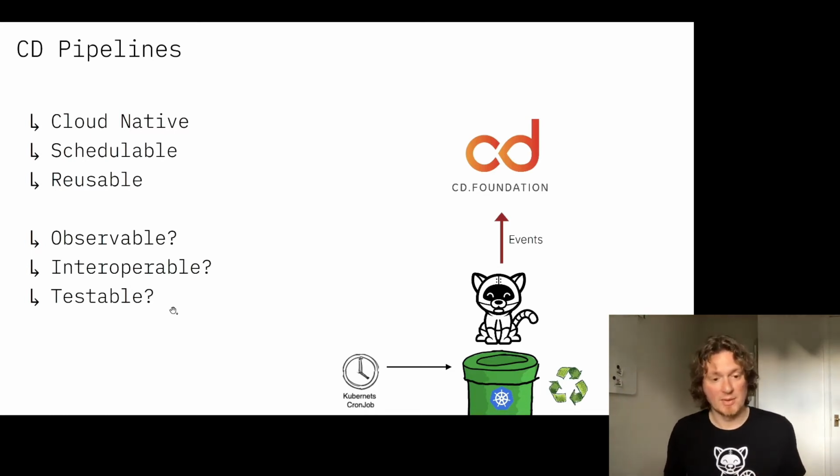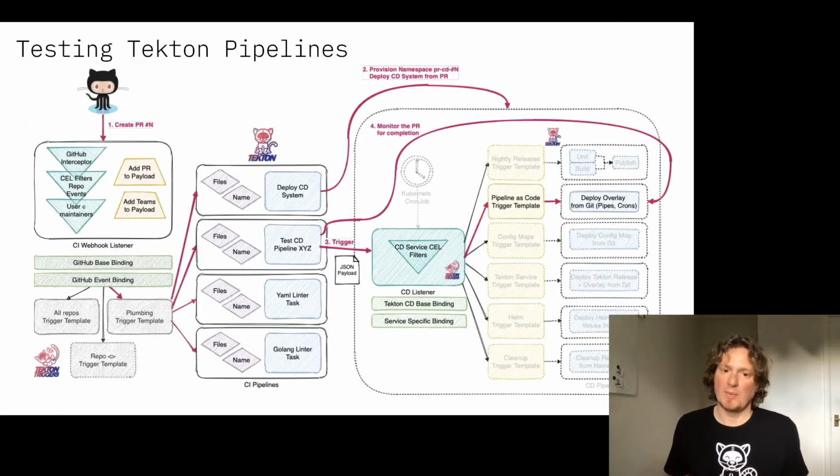Are they testable? Well, let's dive into that. So we started building several CD pipelines, and initially the process was create the pipeline, maybe bring up your kind cluster locally, run the pipeline there and see if everything went well.